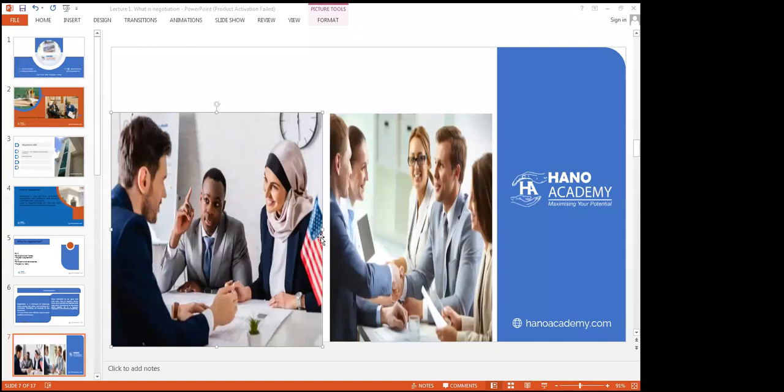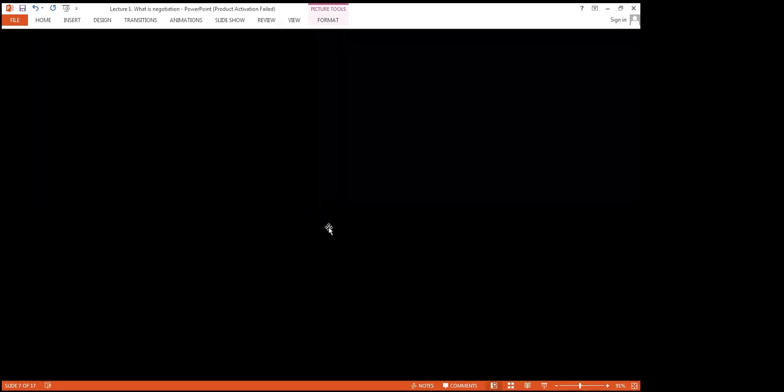Then in the other photo, you can see how these people are talking to each other. In fact, there is greeting. Somebody is greeting the other to build a good relationship, to build a rapport with somebody you are talking to.